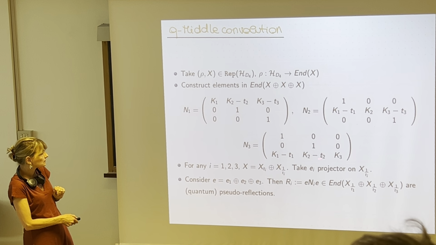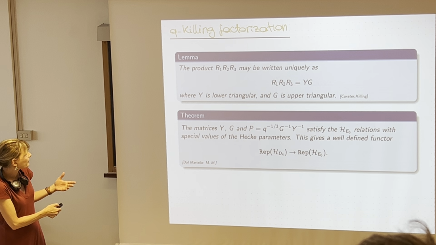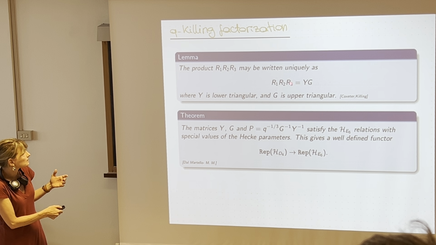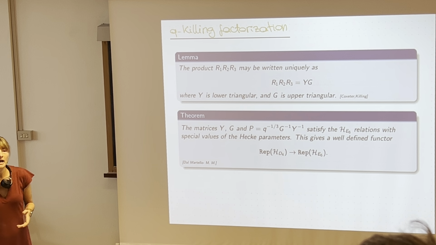Okay, so you do a projection, and we have a 6-dimensional space, and you're reducing by half. So essentially, you find some matrices R1, R2, R3, which are 3 by 3, and they are essentially reflection matrices.